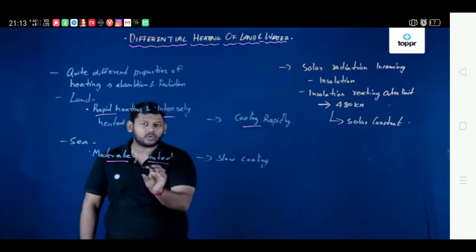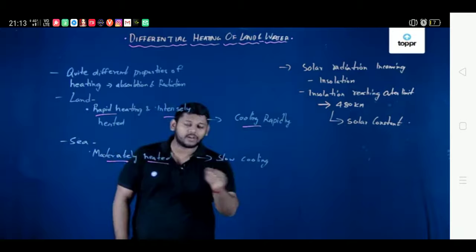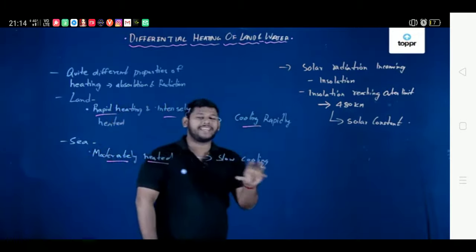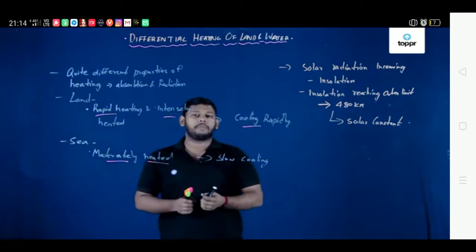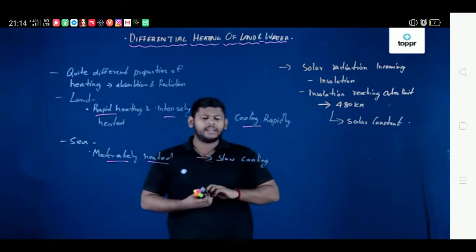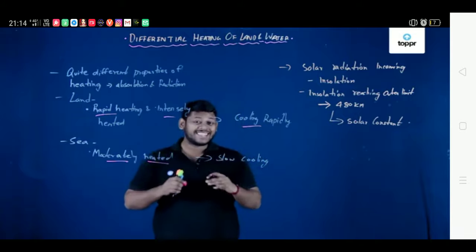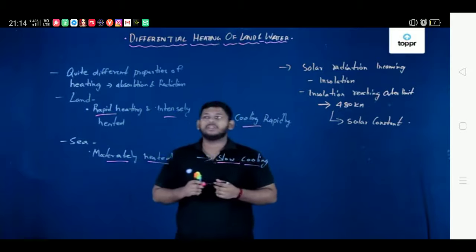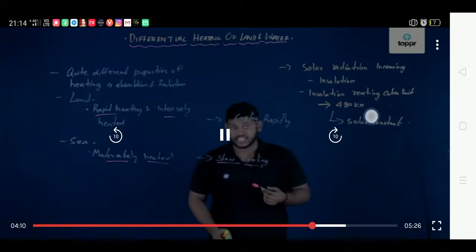So it gets heated very slowly, and the intensity of water being heated is not very high. Similarly, because of these properties, which reflect even in the radiation properties, water cools down very slowly. Once the sea is heated, it takes a very long time before it cools down. So this is the difference between land absorption and sea absorption.